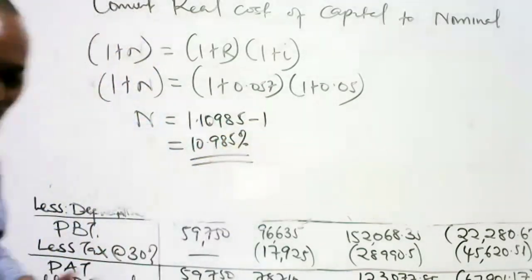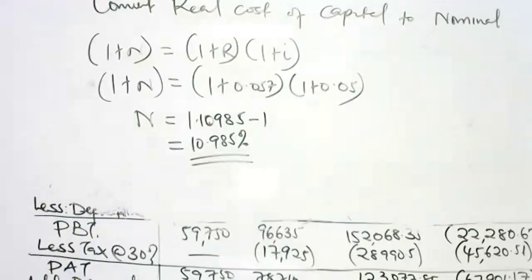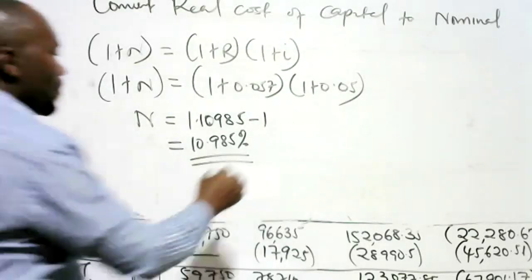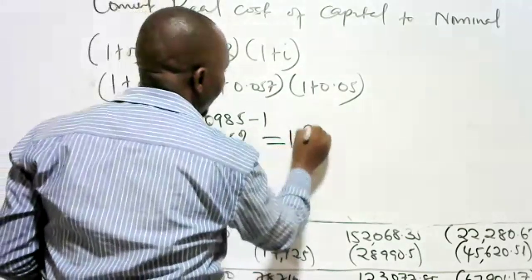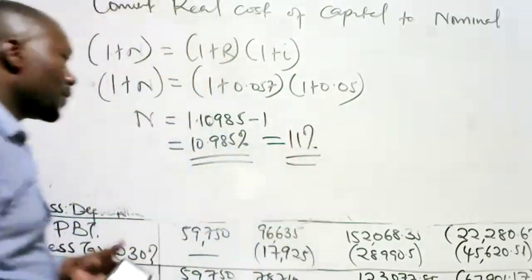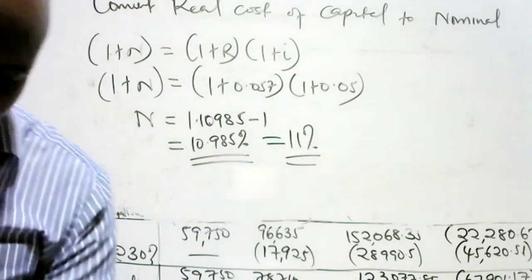That is the rate that we're going to use, which is basically 11%. You round it off, it's coming to 11%.